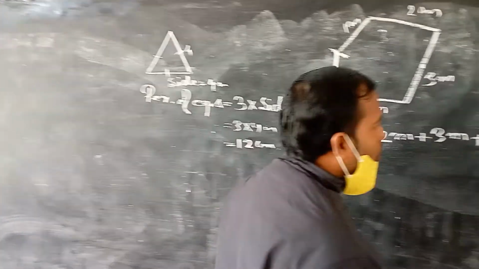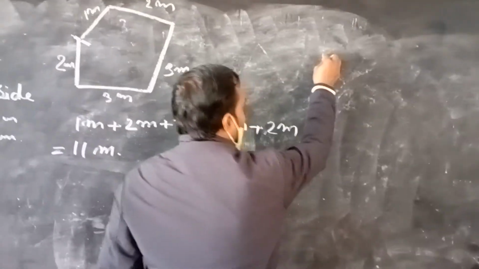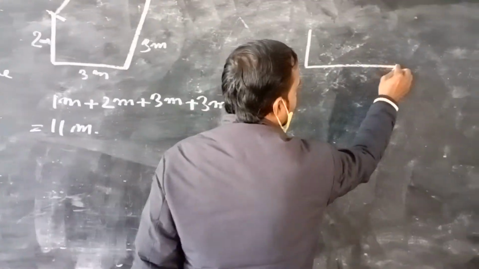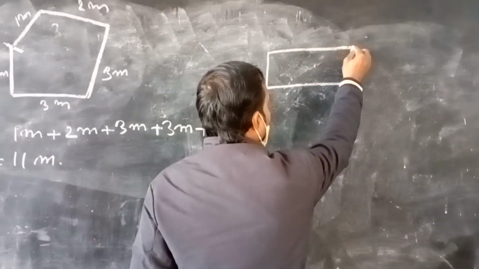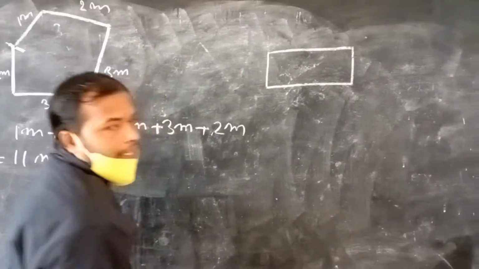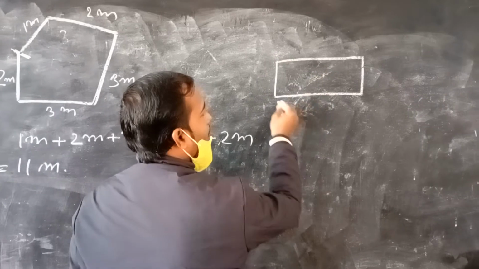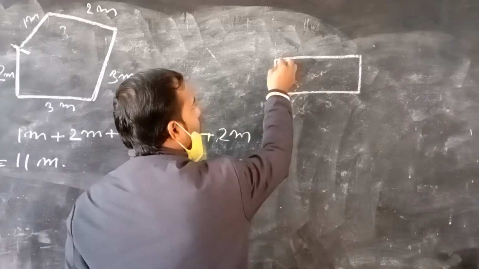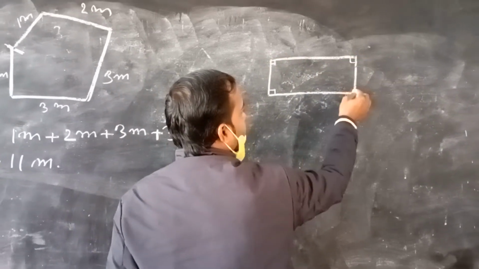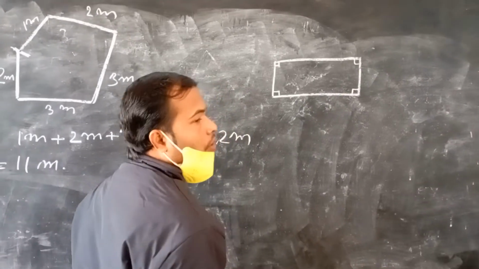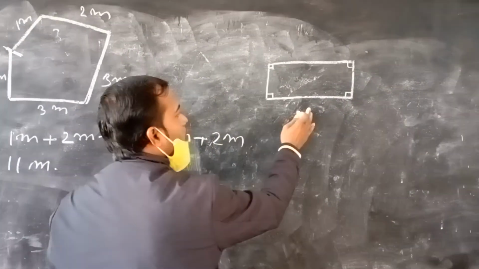Now go to one more special figure, that is called rectangle. A rectangle is a parallelogram where all angles are equal to 90 degrees. Here two things will be there.